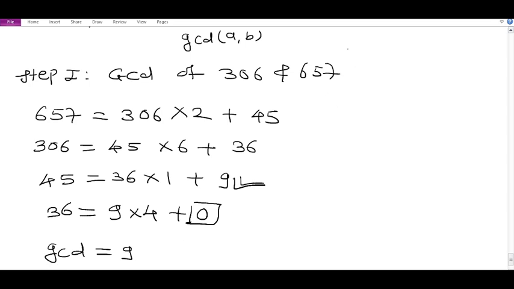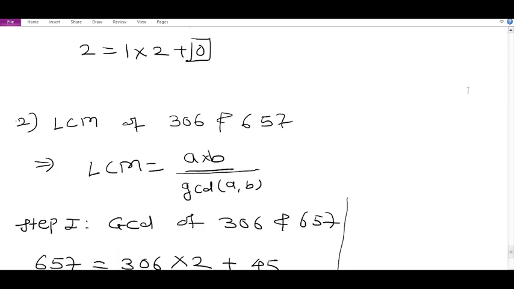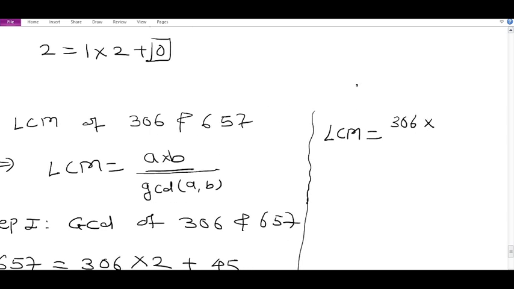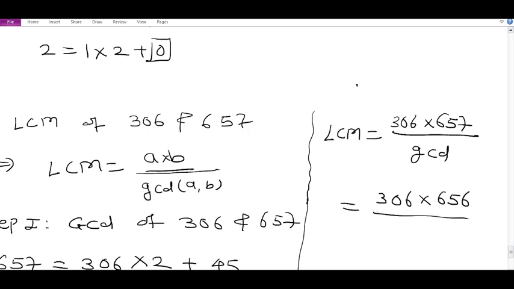So what is LCM here? LCM is equal to 306 into 657 divided by GCD, which is 9. That is 306 into 657 divided by 9.